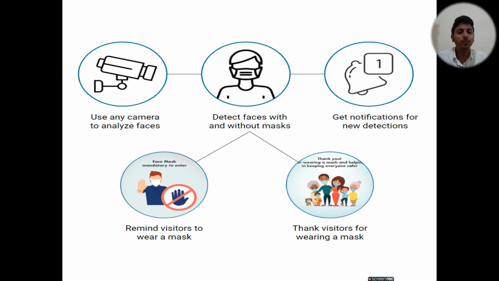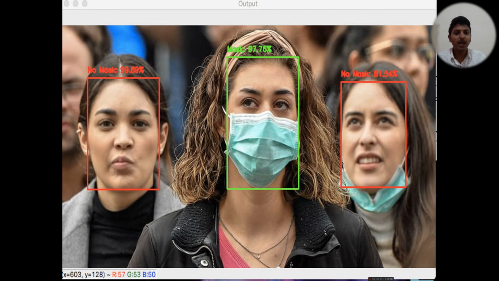So it is a very useful technique created by us, which will be suggested for the government to apply and indicate as a business, and it will be very helpful for getting the data sets all over the world or all over the country by using artificial intelligence and machine learning. Now you can see here a set of data, no mask and mask, 97.76% safety, and for no mask, how much safety is there, because she is not wearing the mask, she is just holding the mask or is without the mask.